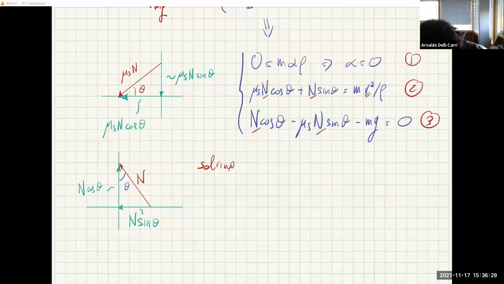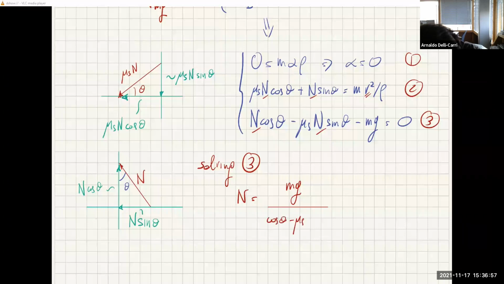Solving 3, we get n equals mg divided by cosine of theta minus mu s sine of theta.